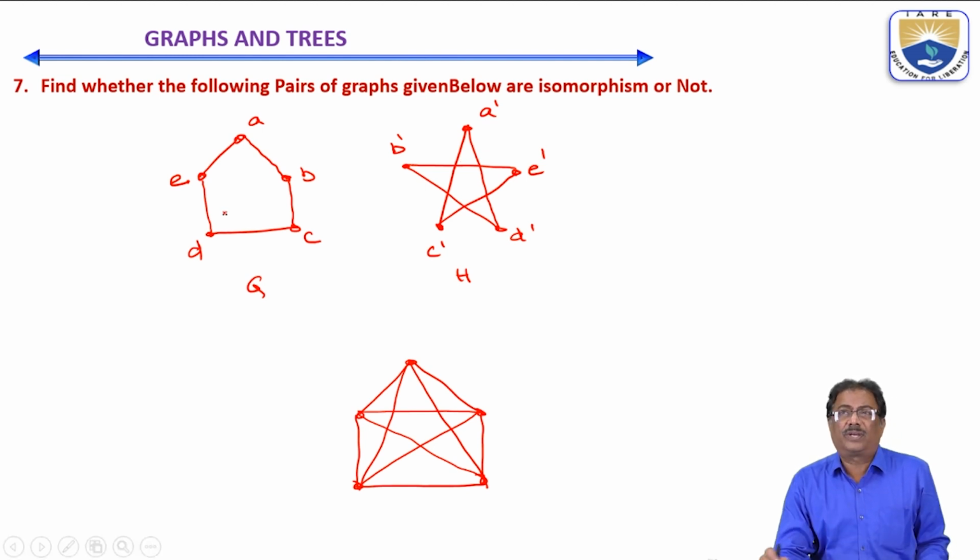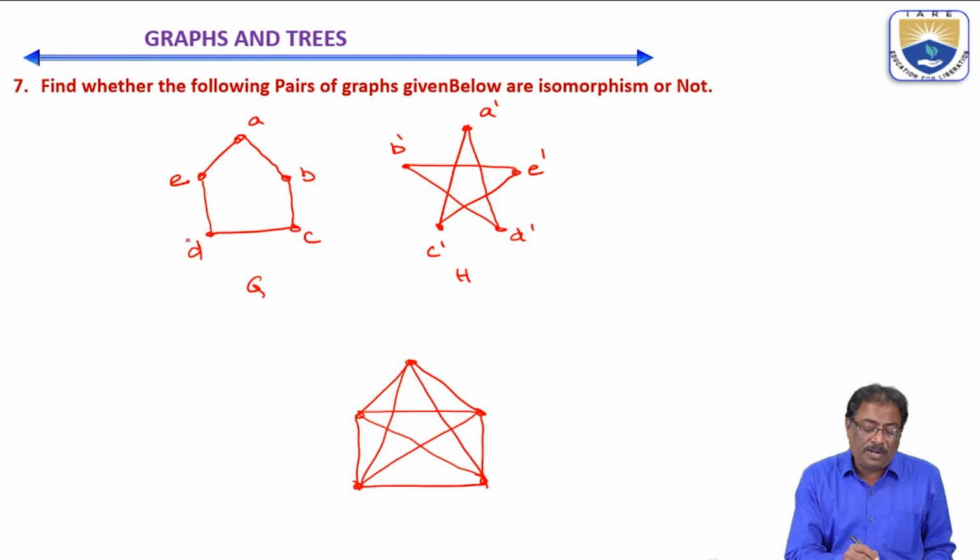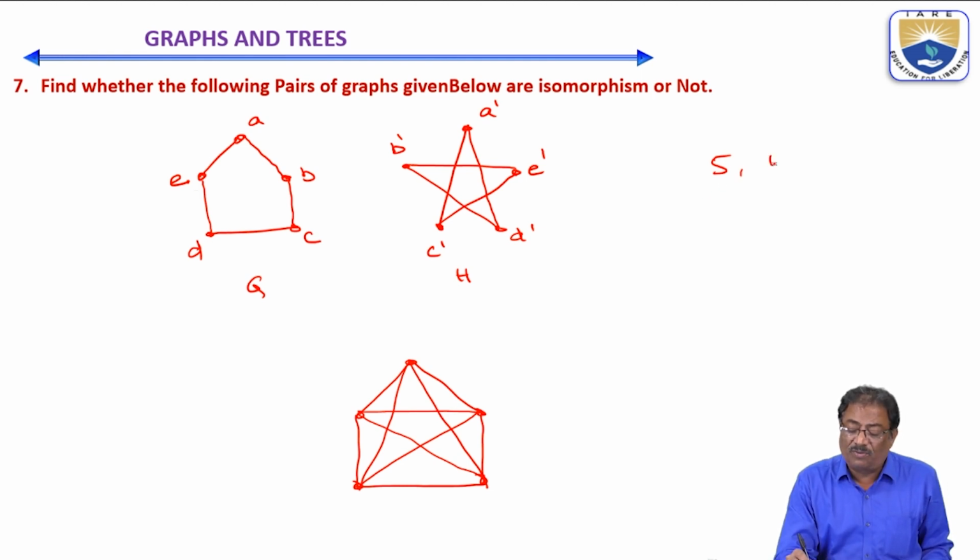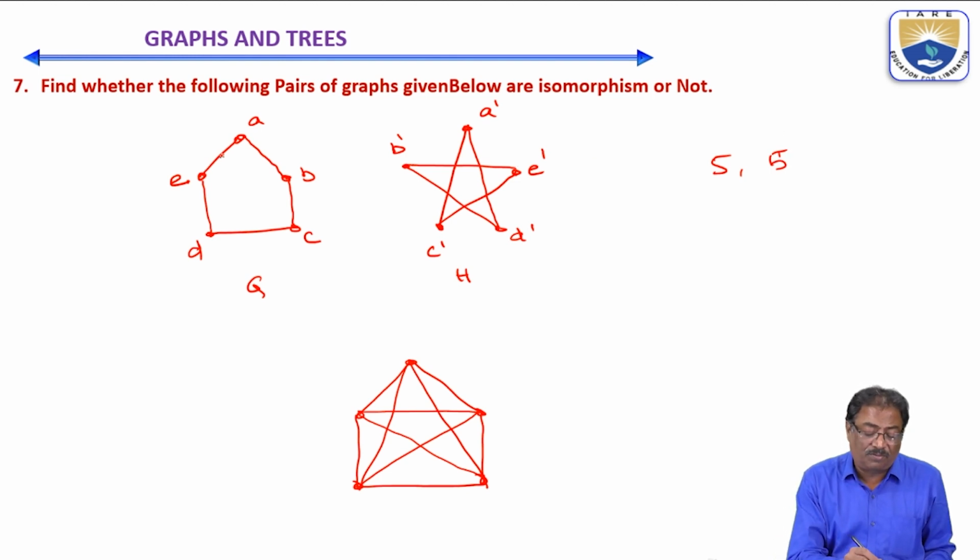So from this also we can say that they are isomorphic. Or else we can count the number of vertices: G has 5 vertices, 1, 2, 3, 4, 5, and H also has 5 vertices. The number of edges are 1, 2, 3, 4, 5, and here also 1, 2, 3, 4, 5.